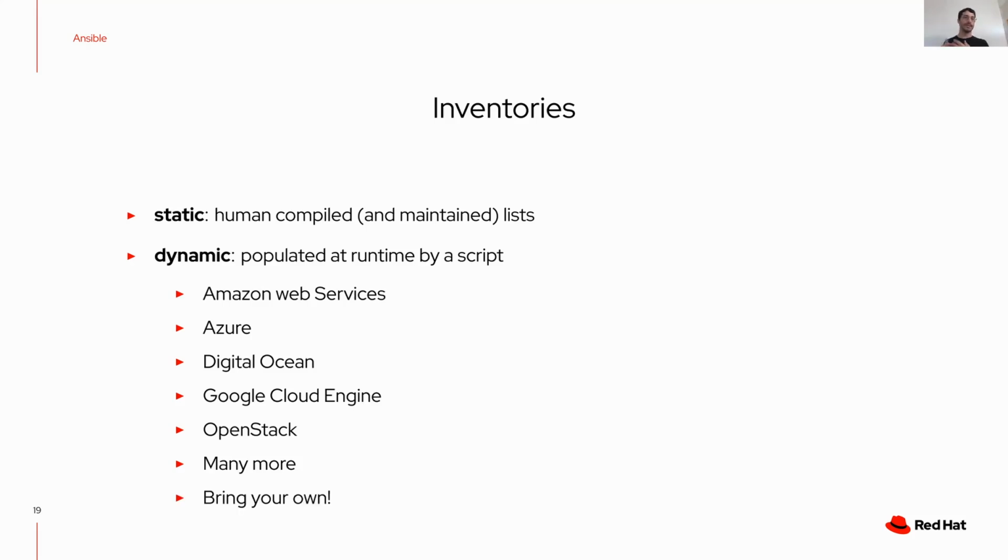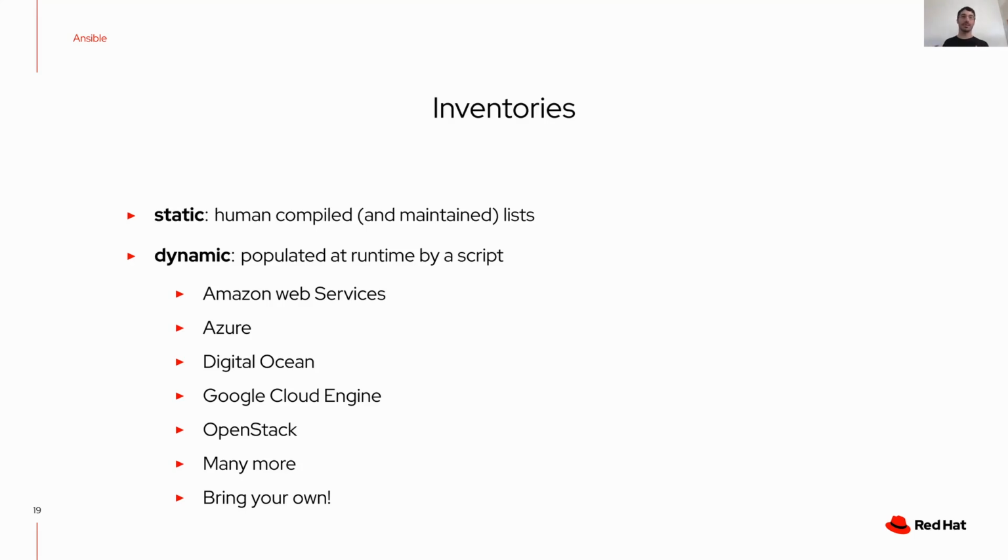So if you have a CMDB, for instance, within your organization, you can actually write a script, could be Python, could be any other language, that pulls that data from your CMDB, and on the basis of that data, it then creates that inventory. So as you can imagine, it becomes very easy to start having a lot of information on your machines, because probably you already have that information somewhere in your organization.